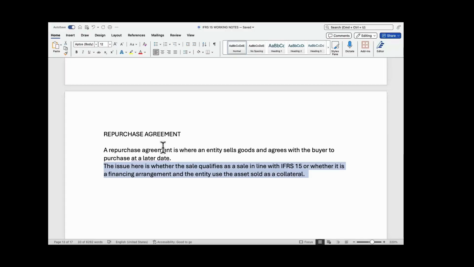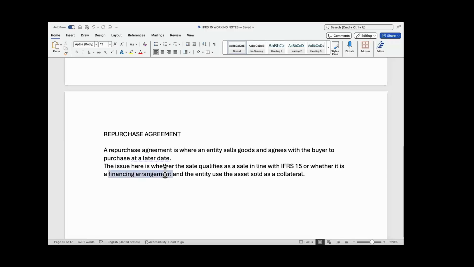The issue is that when you have a repurchase agreement, where somebody sells goods and agrees with the buyer that they are still going to buy it back at a later date, that transaction seems suspicious, and we need to look at it very well. Can you recognize that item as a sale? Because if you know you're going to buy it back, why did you sell it initially?